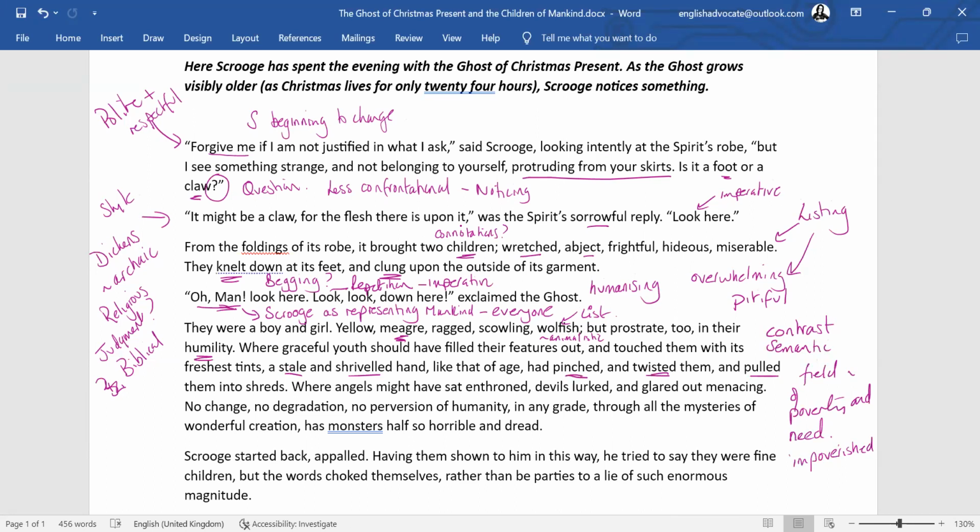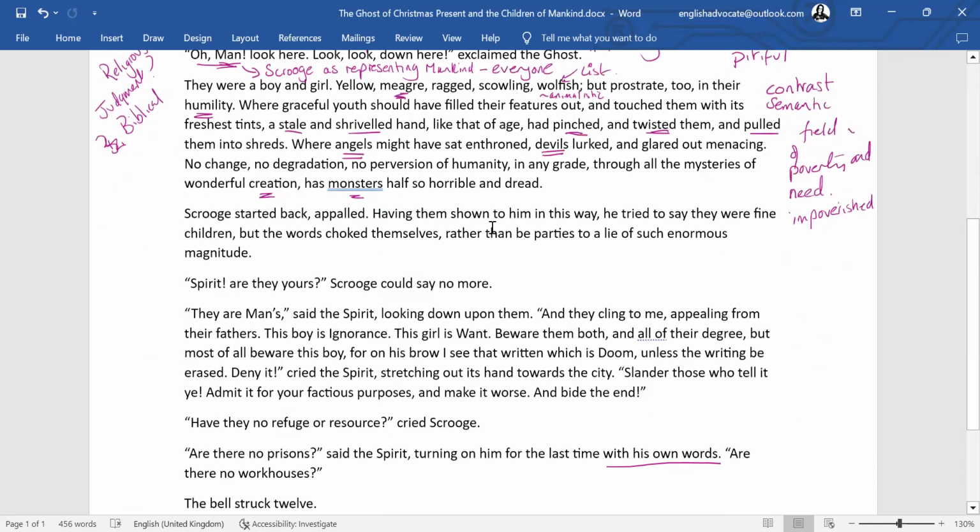We have the biblical references, they should be angels, but they've become devils, the way that they have been treated, and, nothing throughout all of creation has made monsters half so horrible and dread. And Scrooge finds that this has a physical impact on him.